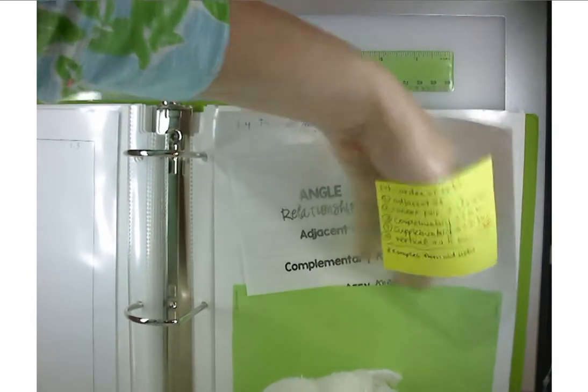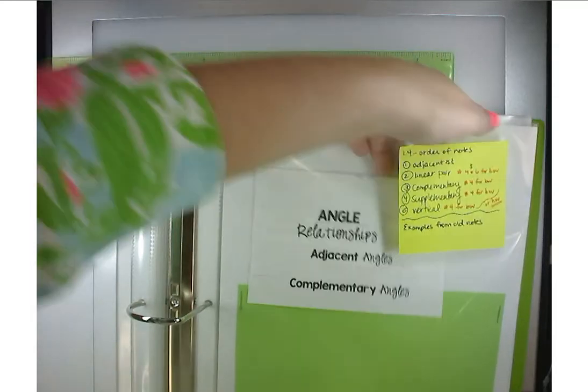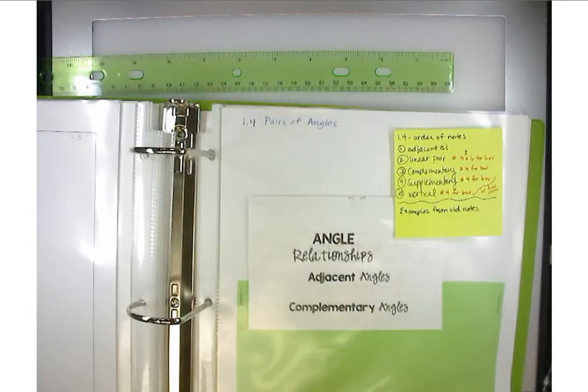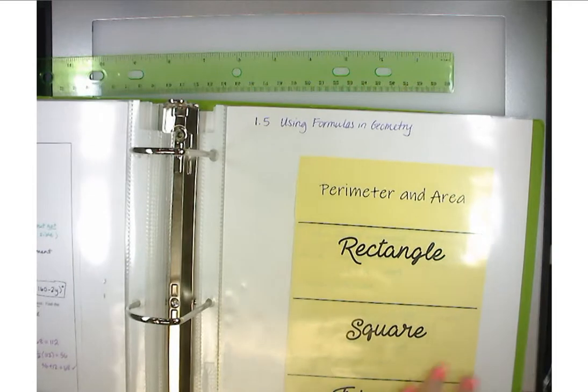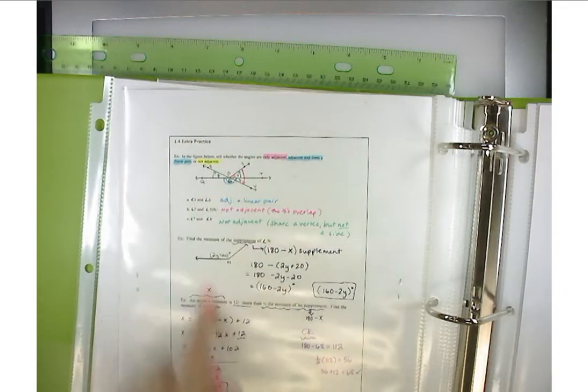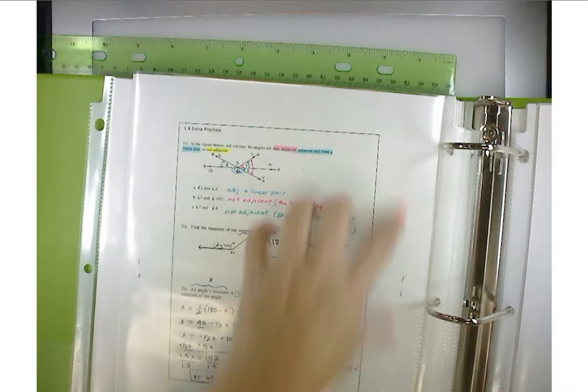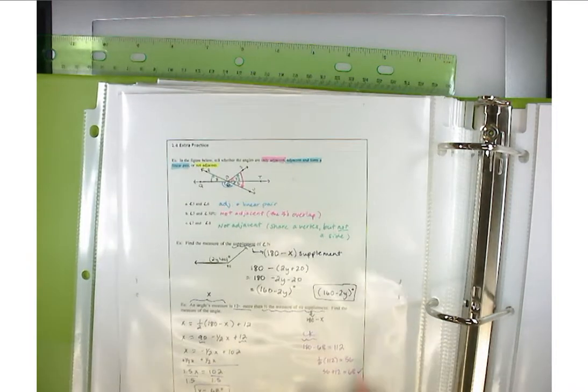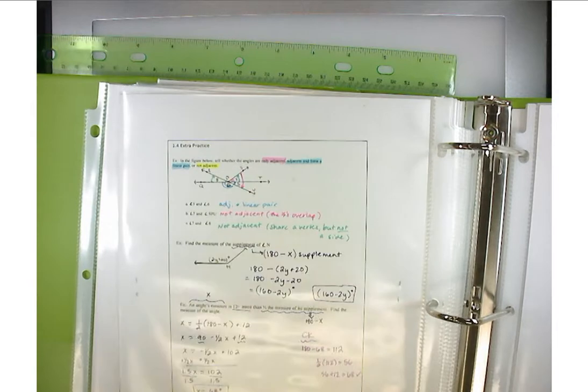And then you don't have to deal with these pocket issues. Okay, and then from there, on the back of it is going to be our 1.4 extra practice page. This we all filled out together, so that should be filled out. Again, you're just trimming that along the edge and then pasting that on the back. And that's it for 1.4.